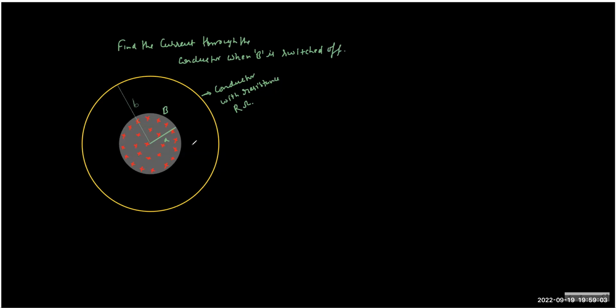If I switch off, how much flux will I lose? Right now, how much flux do we have? Due to the B inside the conductor, not only the area through which the flux is there, up to radius A, right? So the initial flux is how much?